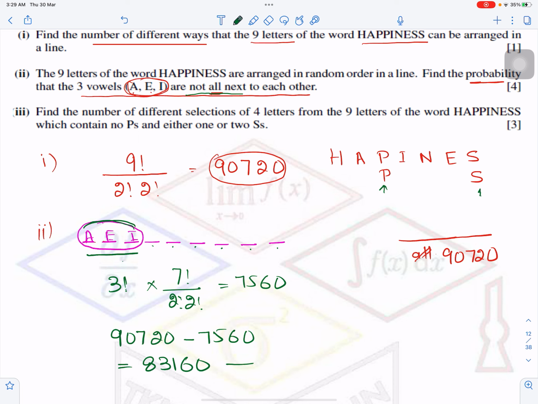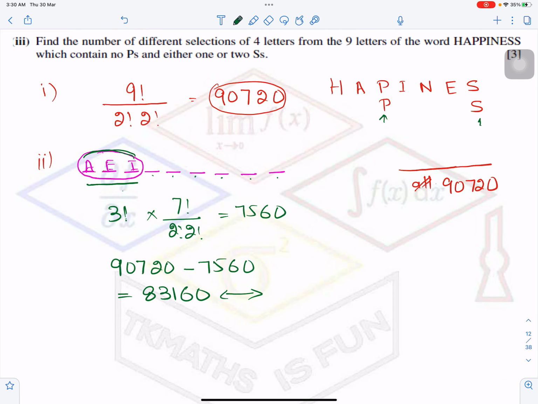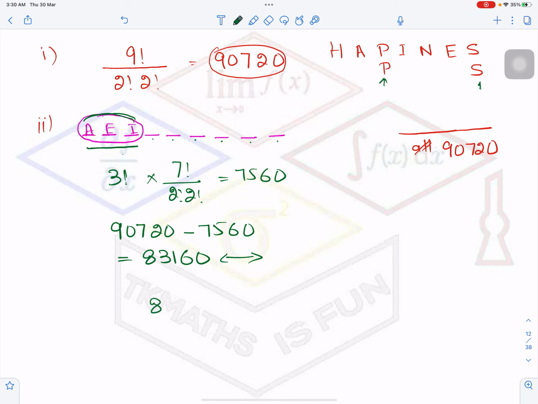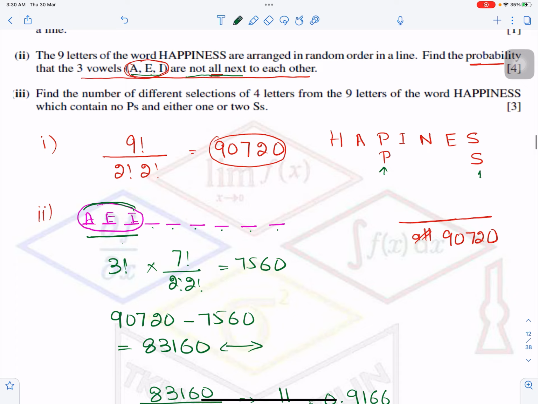So these are the ways in which these three letters are not all next to each other. So I have to find the probability, not just the arrangement. So now to find the probability, I will use the favorable outcomes divided by the total number, right? So this will give you the probability. I hope you understood. If you don't, please write your concern in the comment, and I will explain it to you. Okay, so now the third part.